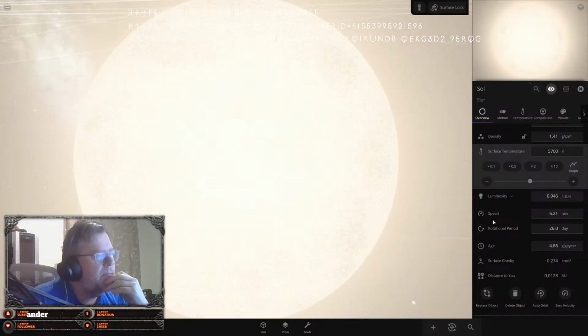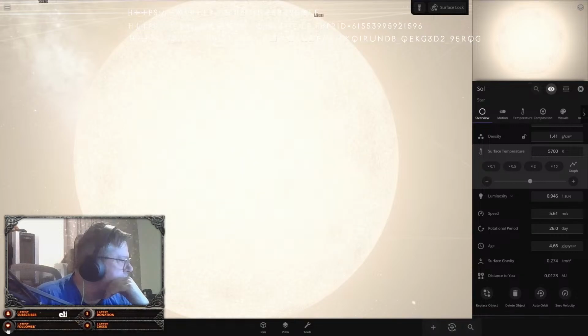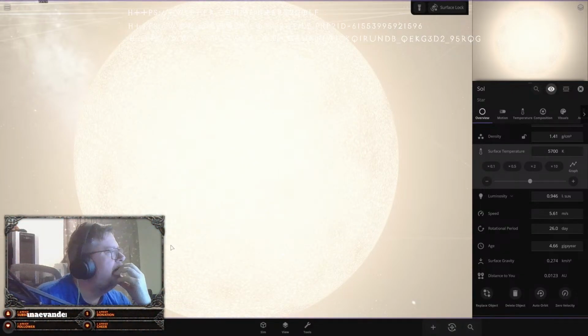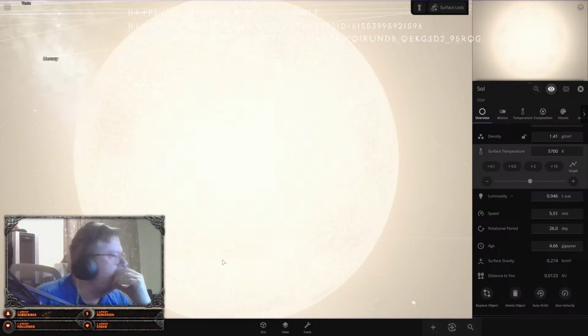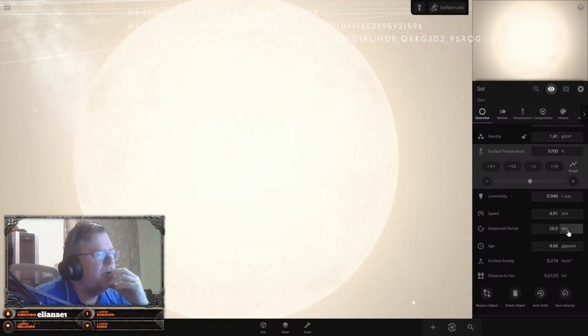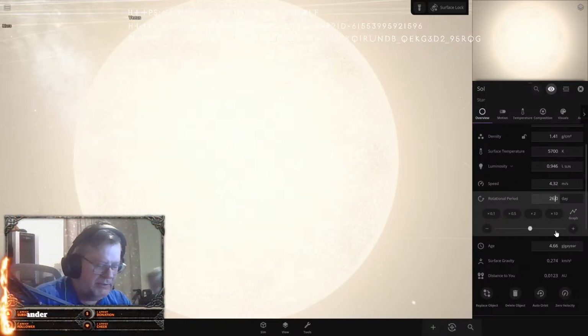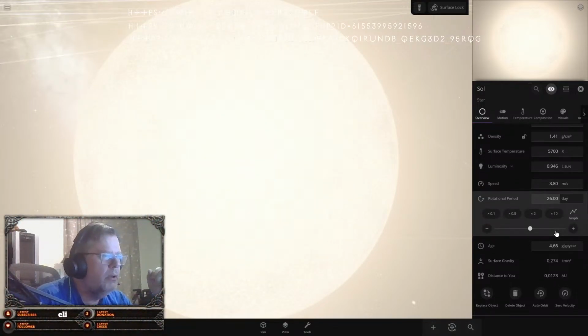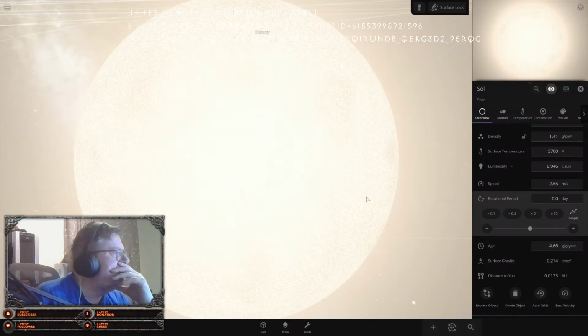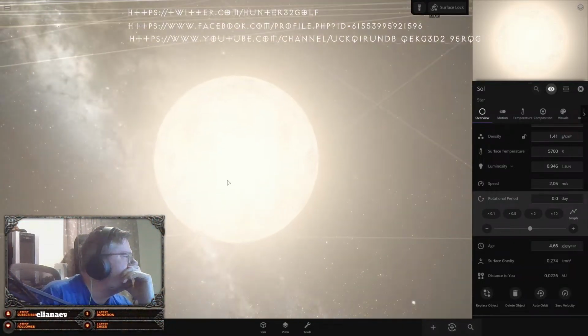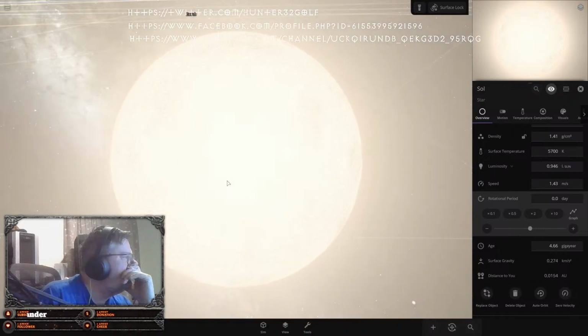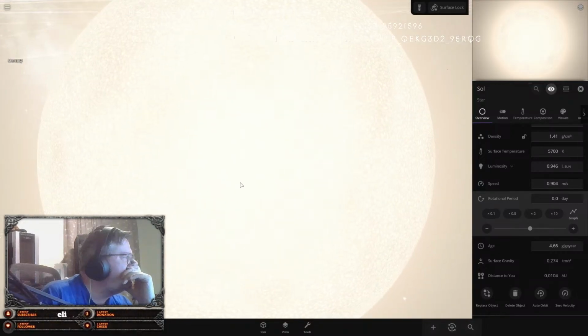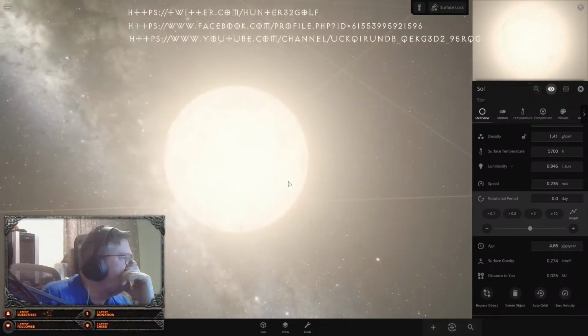I'm going to stop. Let's see if I just pause this, what happens. No, that's not what I want to do. I'm going to change the rotational period to 0. So now the sun is not rotating. This doesn't show the boiling nature.